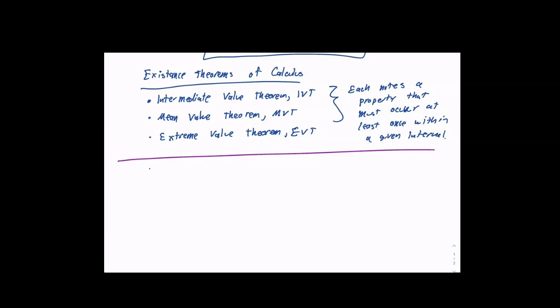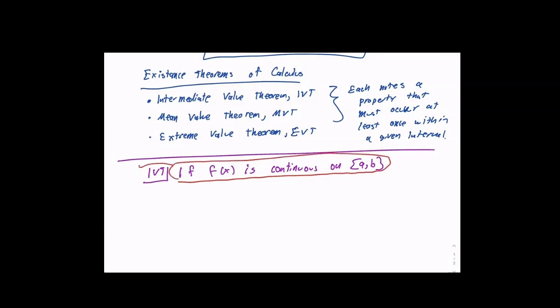So let's talk about IVT. Now, first off, there is a requirement for IVT, and it says that if f of x is continuous on the closed interval a to b, and I know I'm repeating yesterday, and that's perfectly fine for us, now this part right here is the requirement, or the requisite.